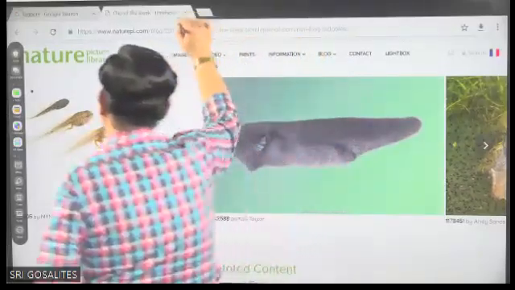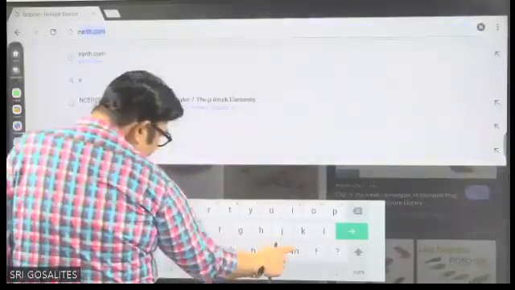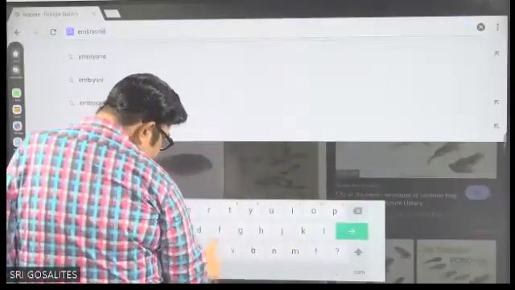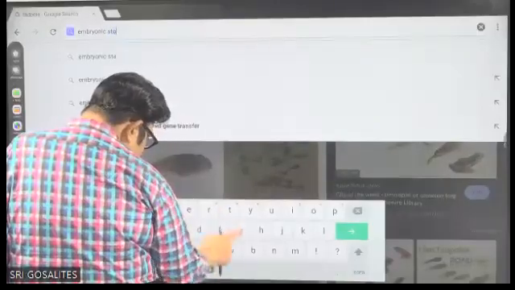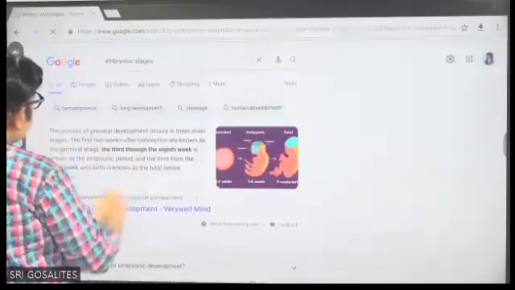Okay, we can cancel this one. Let's go to Google search. Tomorrow I'll bring them in my pen drive so that even this time we can save.